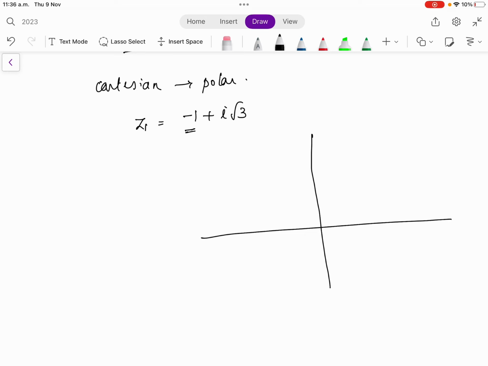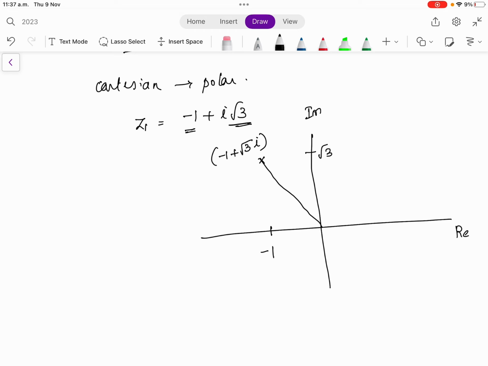This is the real axis and this is the imaginary axis. Root 3 will come here on the imaginary axis, and minus 1 will come here on the real axis, so the point will come somewhere around here. I'm joining this line, and this is the complex number minus 1 plus root 3 i.